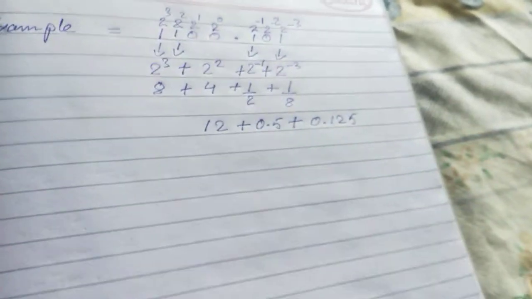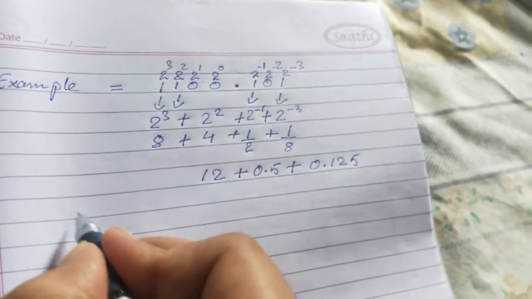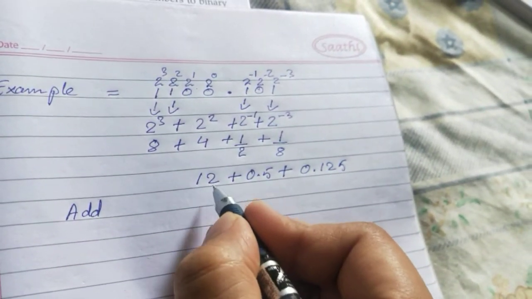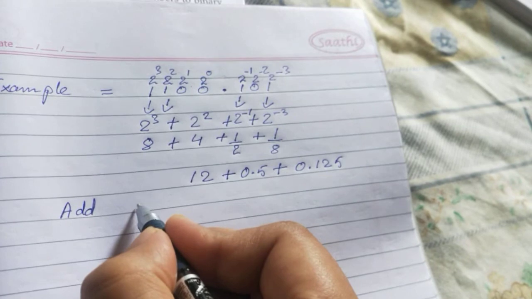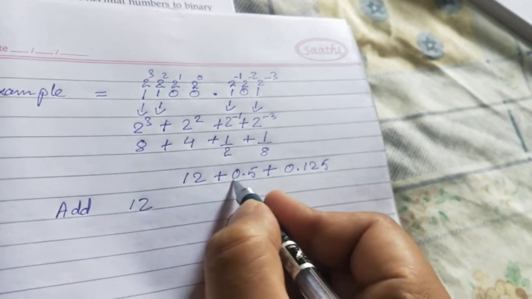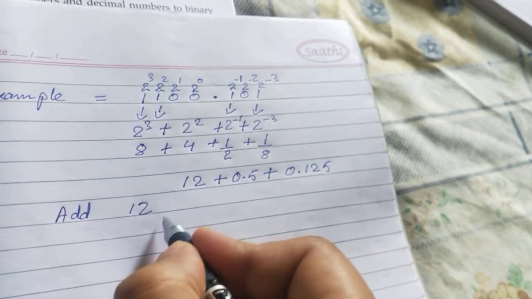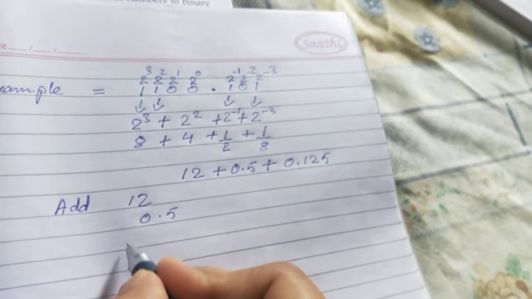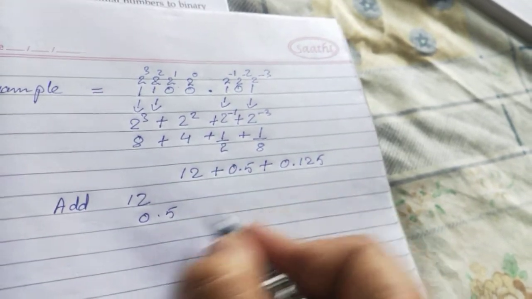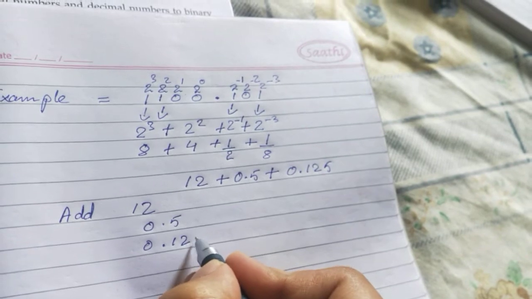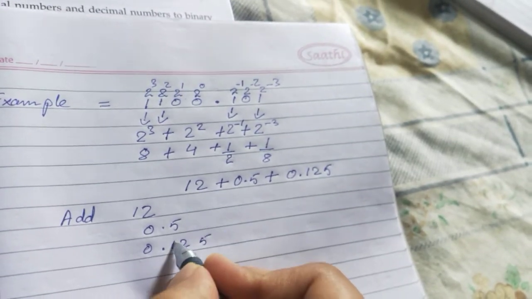So when we add them, first we will take the number with no decimal point, 12, plus 0.5, plus 0.125.